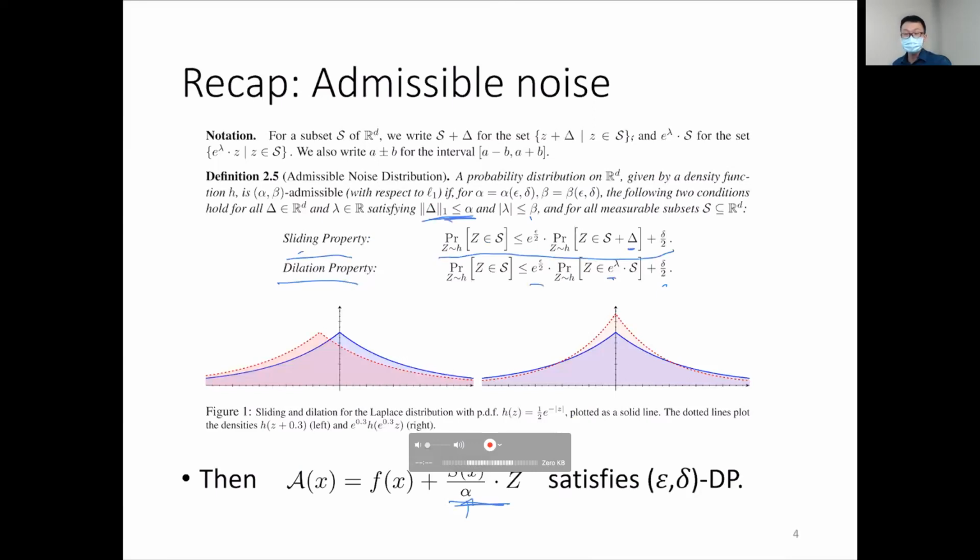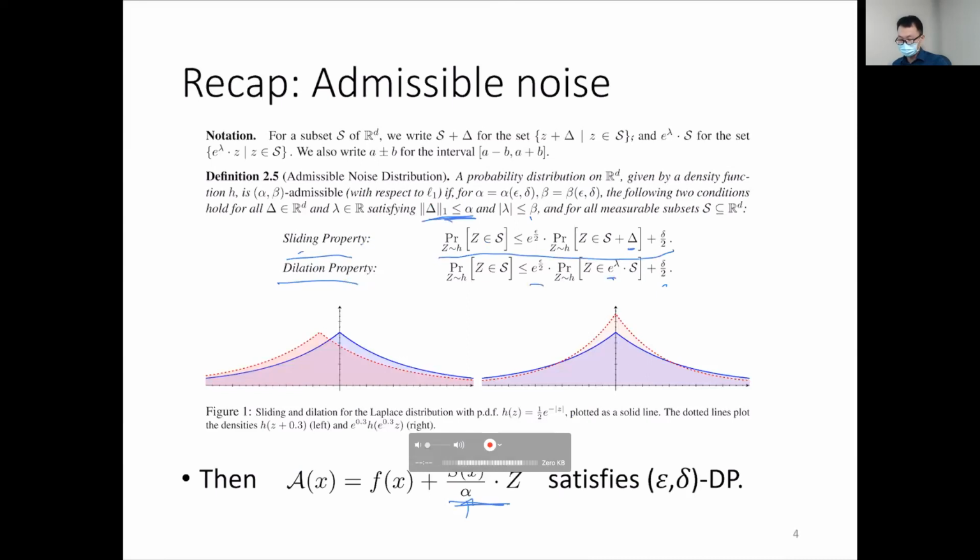Okay, and we've seen the analysis of how this works in the last lecture, and the idea is similar to group composition, in which we decompose the noise adding procedure into two phases. In the first phase, we use the sliding property to bound the difference, and in the second phase, we use the dilation property to bound the difference. Altogether, it gives us epsilon-delta DP.